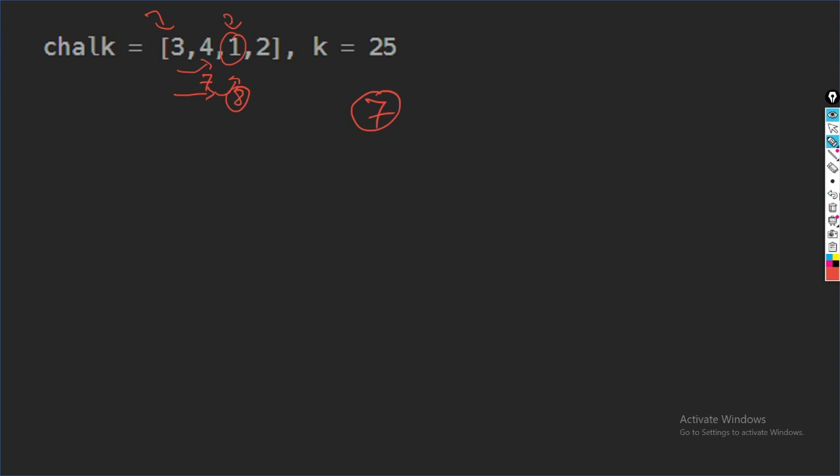So we can do this in linear time, starting from the first one, or we can use binary search to find that index. For example, let's look at the 8 case. To the first index, we use 3 chalks. To index 1, we use 7. To this index, we use 8.